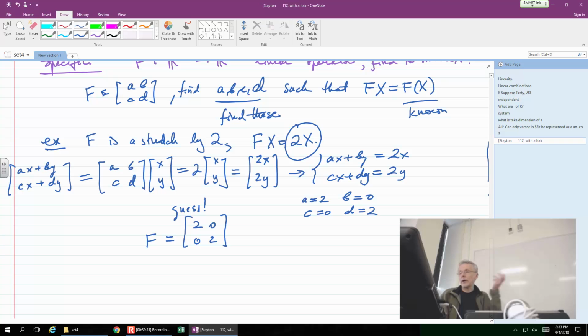In fact, since we are at it, what about R^n? So f is still a stretch by 2, so that formula at the top still applies. Can you suggest the n by n matrix? Two times the identity matrix?